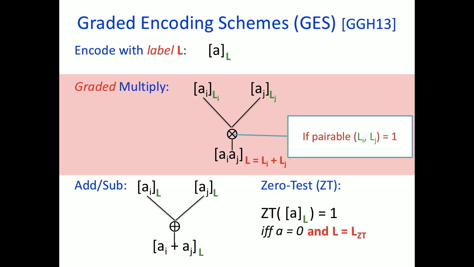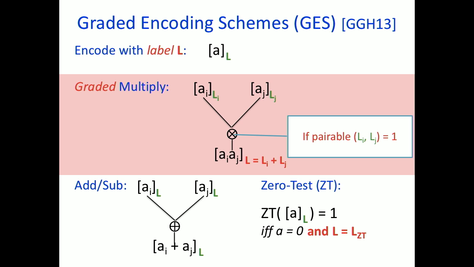So there's this notion called pairable, in the sense that not all labels can be paired together. There's this additional constraint that only those labels that satisfy the relation called pairable can be paired together. And this gives you the graded encodings.